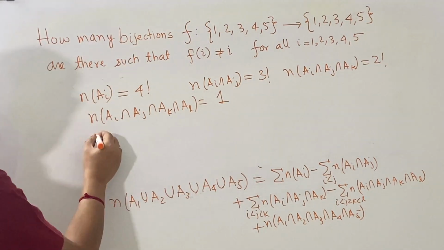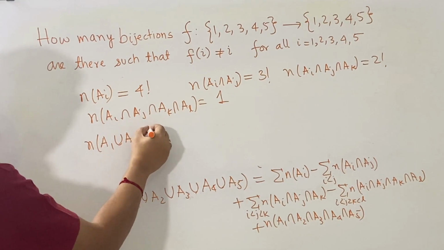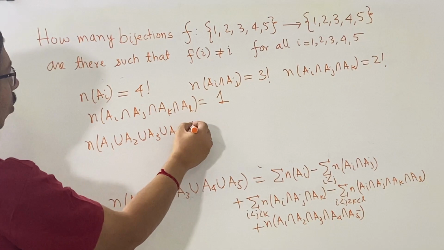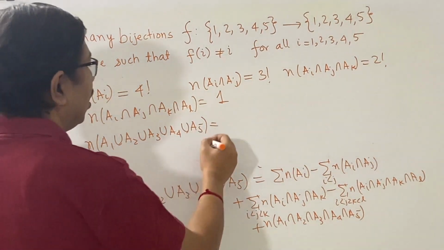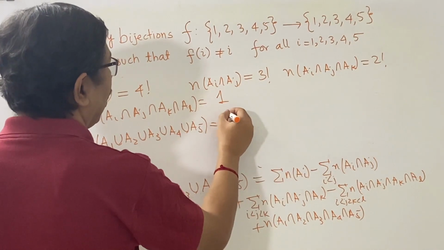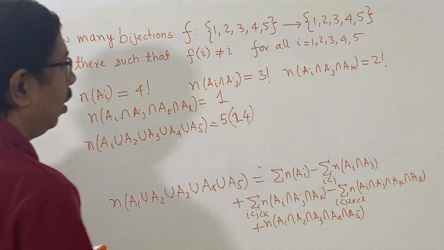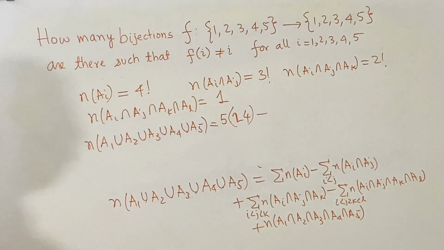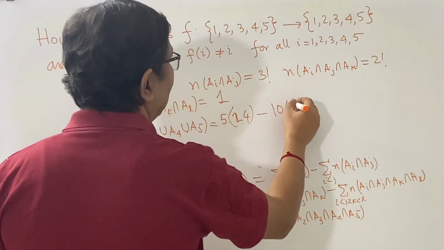So to calculate n(A1 union A2 union A3 union A4 union A5), the first summation has 5 terms, so we have 5 into 24. In the second term, n(Ai intersection Aj), there are 5C2 terms, which is 10 possibilities, and each of them is 3 factorial, so 10 into 6.